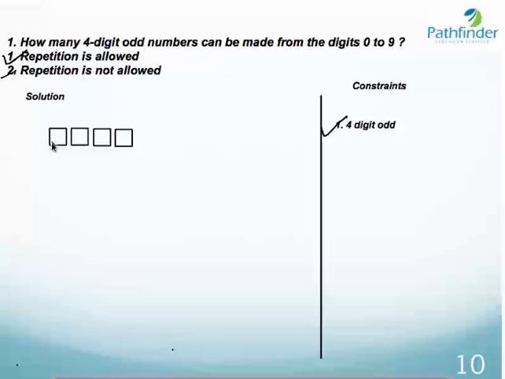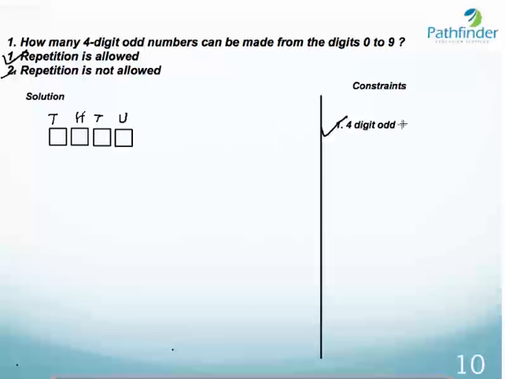So these 4 squares represent the 4 places of digits. This is the units place, this is the tens place, here we have the hundreds place, and this is the thousandth place. And we have to place digits at each of these places in order to get a 4-digit number.